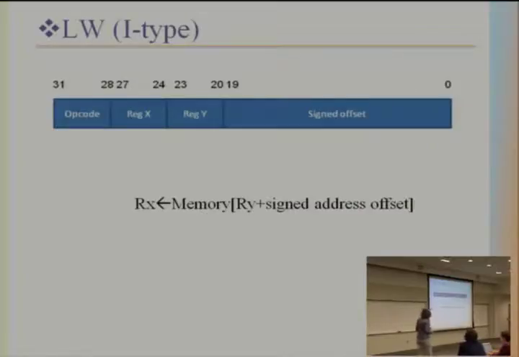Okay. So now let's look at the instruction load word. It's I type of instruction, and we want to write into register RX content of a memory on the address RY plus signed address offset. How many steps do we need?